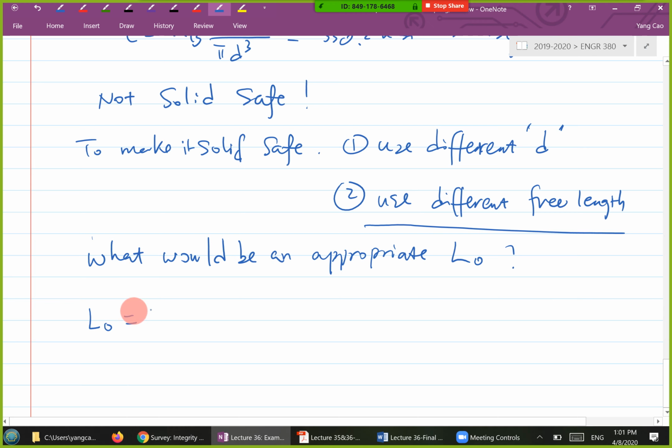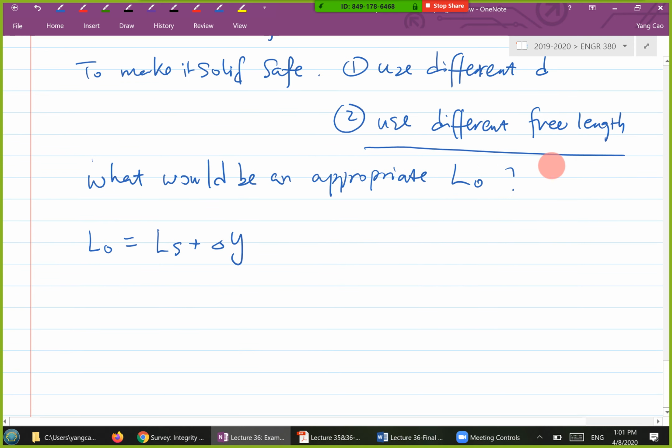So L0 is equal to LS plus delta Y. So if we want an appropriate L0, then we need an appropriate delta Y. LS you can change, that's the solid length, right? So we just have to find the appropriate deflection or maximum deflection. Okay. So this is how you can do it.